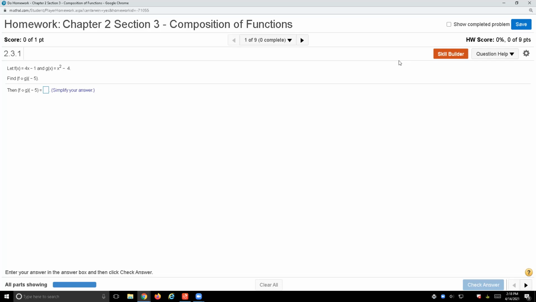Okay. Now, this doesn't look like anything we've done just a minute ago. That little circle in the middle is short because you read this as f of g. That's how you would read that.